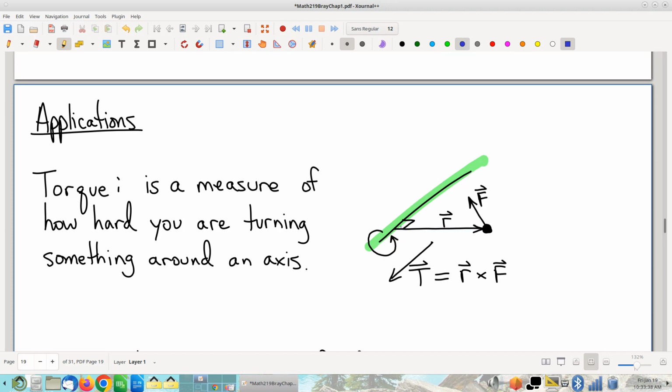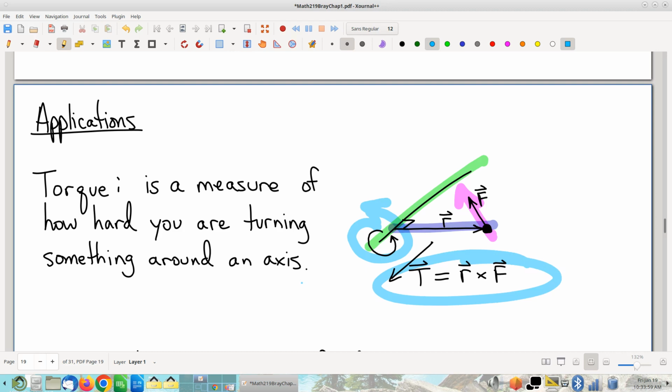If there is what I'm going to call a lever arm onto which you apply a force, then you can measure how much turning power, how hard you are twisting that screw, by way of this thing called torque, and it is measured with a cross product. So that's just intrinsic to the way physics works, and again, cross product is the thing that makes it make sense.